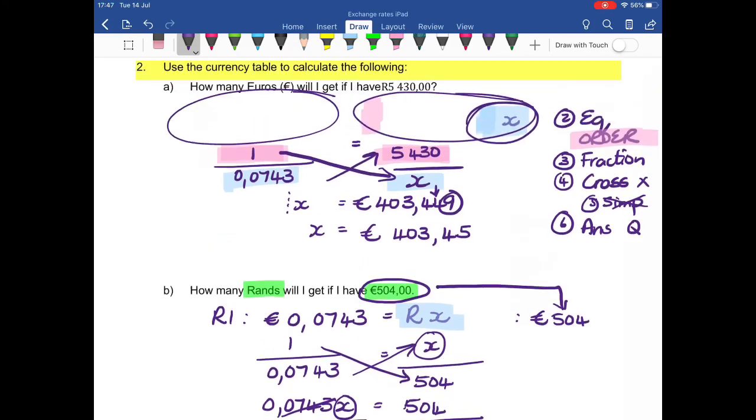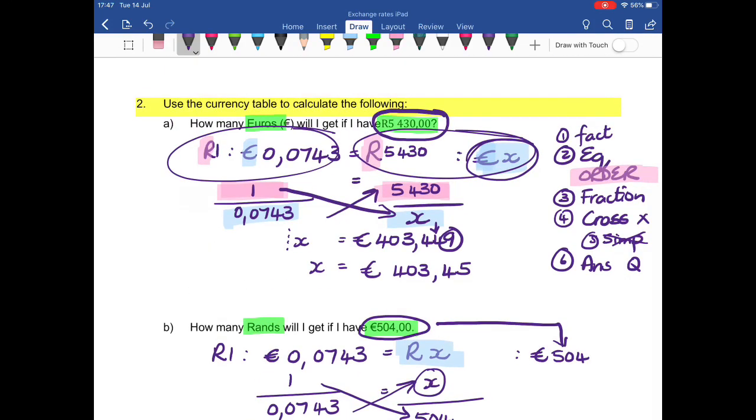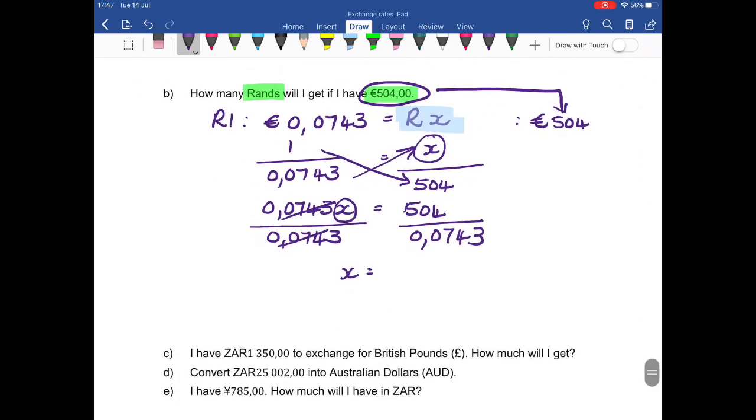Out with your calculator. So 504 divided by 0.0743 equals, I now have 6,783,31310.